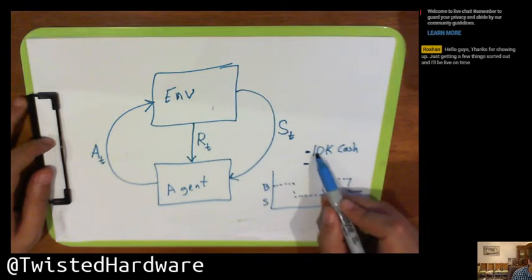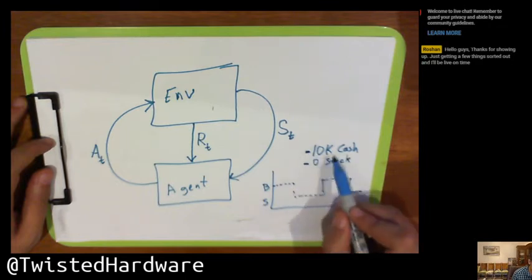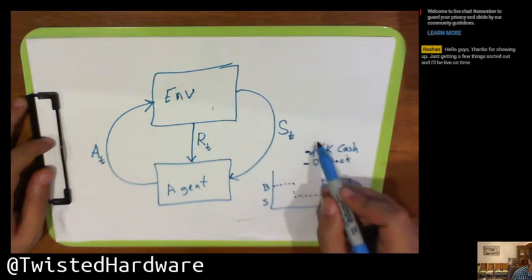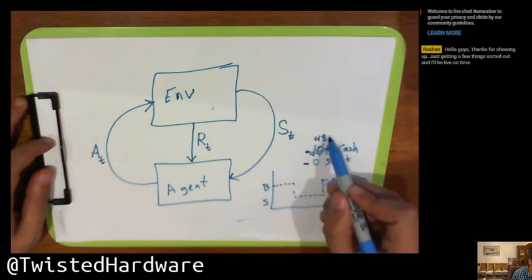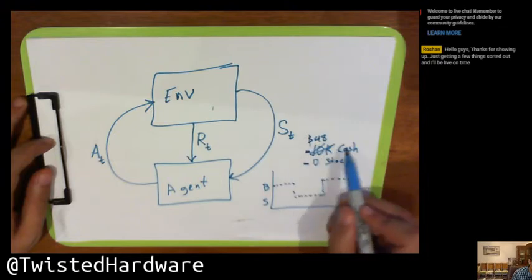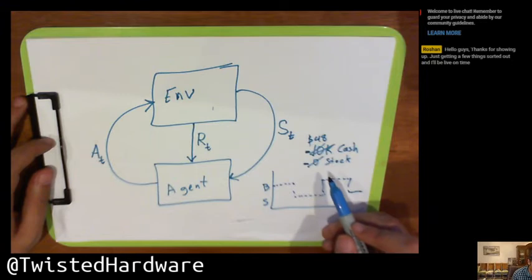So let's say you have 10,000 in cash and you have 0 in stocks. Then if you buy some stocks, that will be maybe like $48 in cash, and your stocks will be worth whatever they are worth.